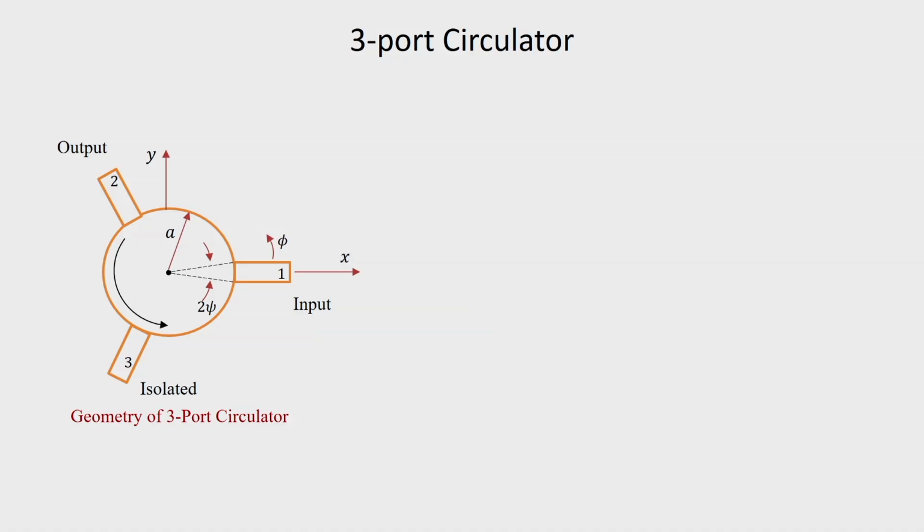Here we show the schematic of a 3-port circulator. When input is given at port 1, the power appears at port 2 while port 3 remains isolated.